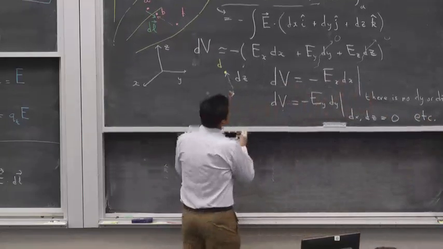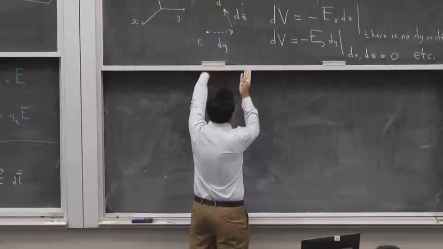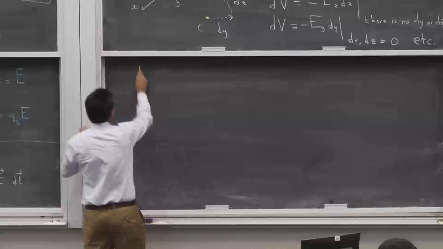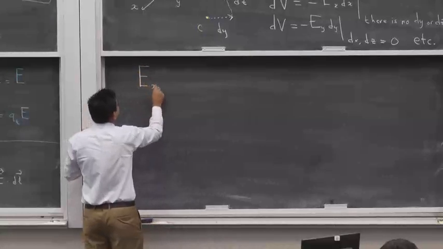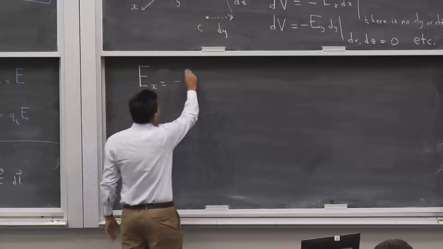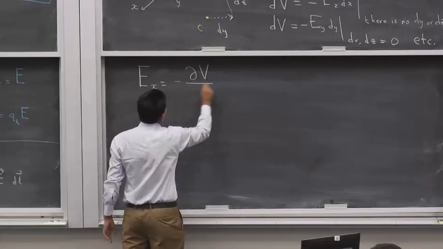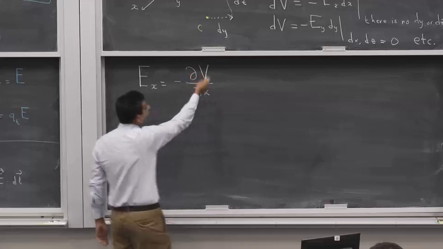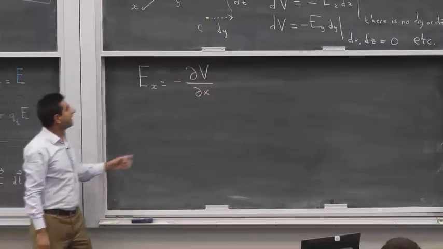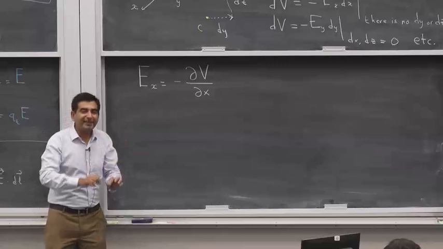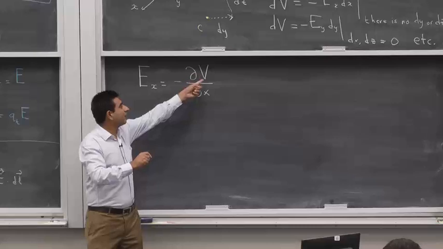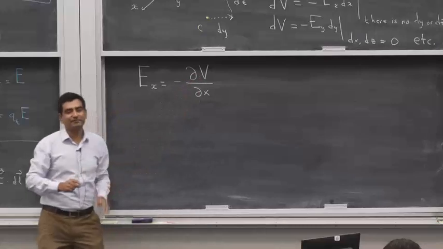So what this really means is that Ex is really equal to minus the derivative of the potential with respect to x, and I'm putting these curly signs to show that this is partial differentiation. This means that the electric field along x is the negative of the partial derivative of the potential with respect to x.